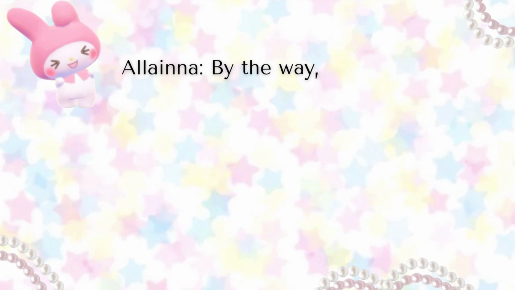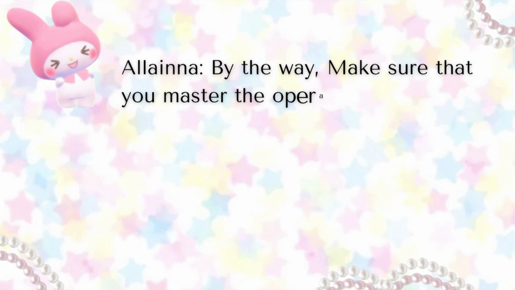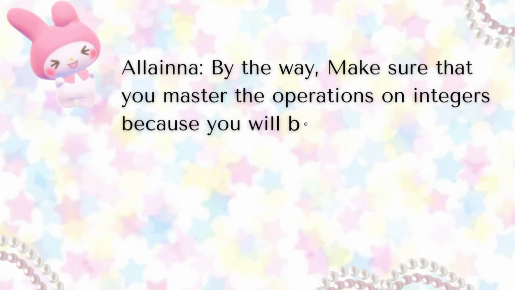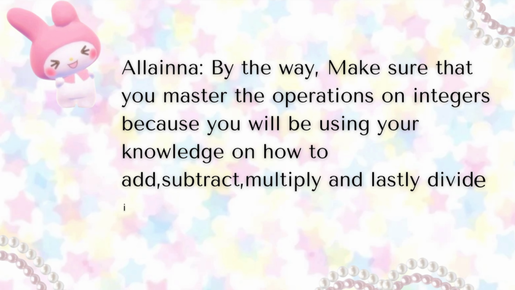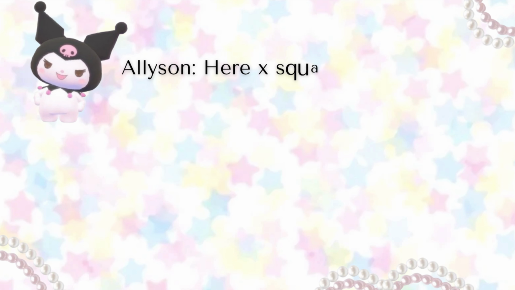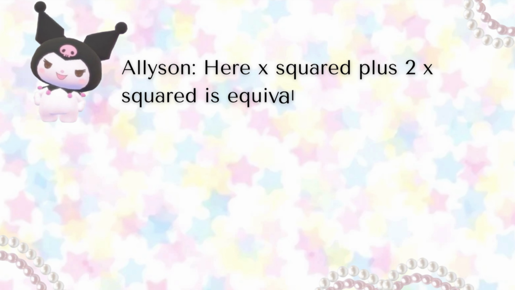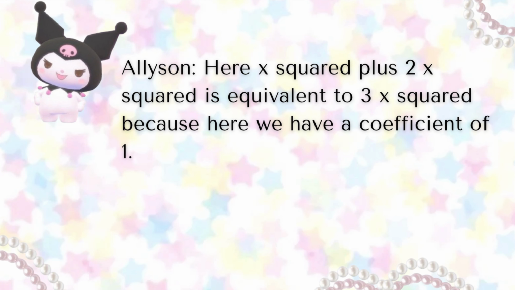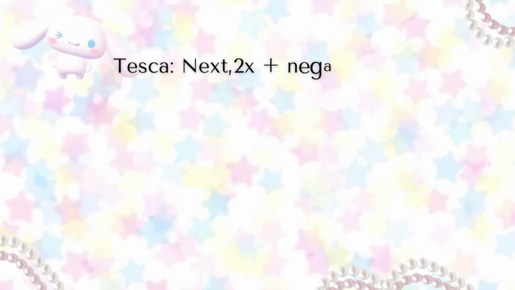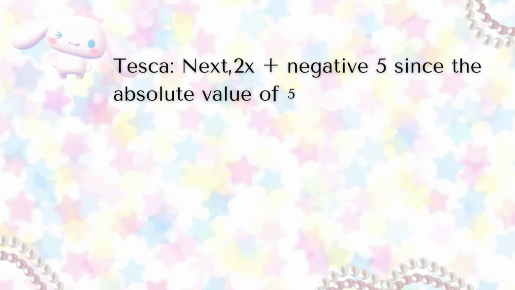By the way, make sure that you master the operations on integers because you will be using your knowledge of how to add, subtract, multiply, and lastly, divide integers. Here, x² + 2x² is equivalent to 3x² because we have a coefficient of 1. Next, 2 plus negative 5.